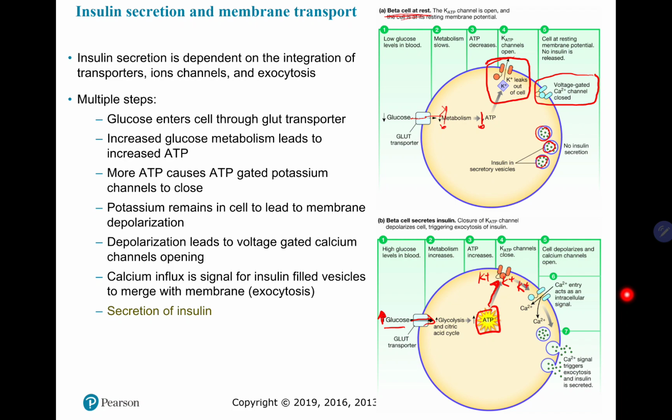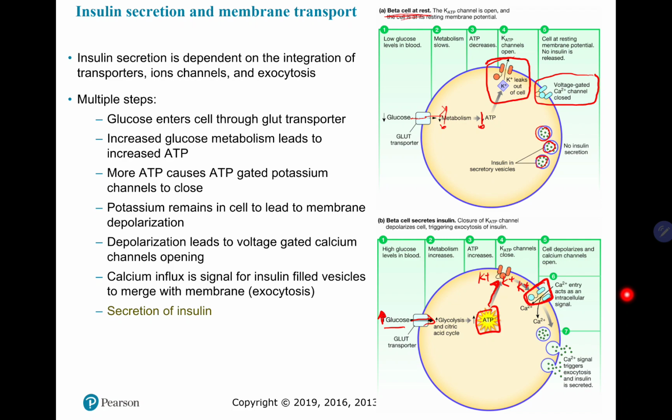So more positive charge stays within the cell, and the cell is going to depolarize, getting less negative and more positive. This change in the membrane potential opens the voltage-gated calcium channels, because they open in response to a change in charge.